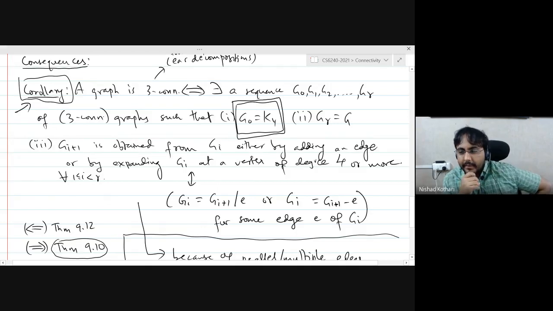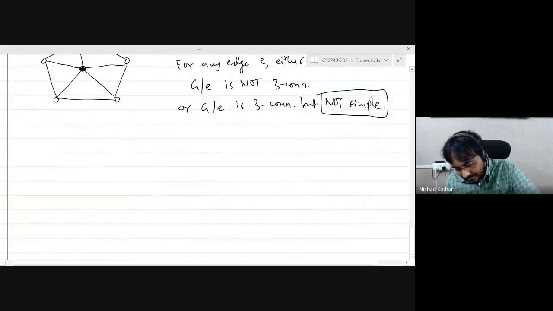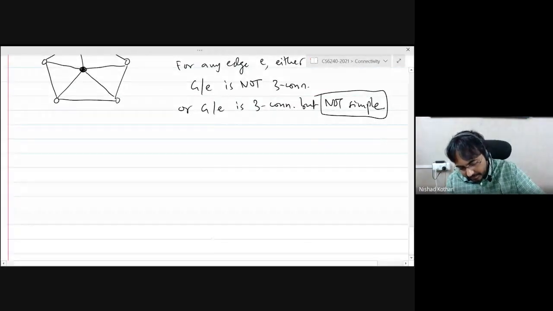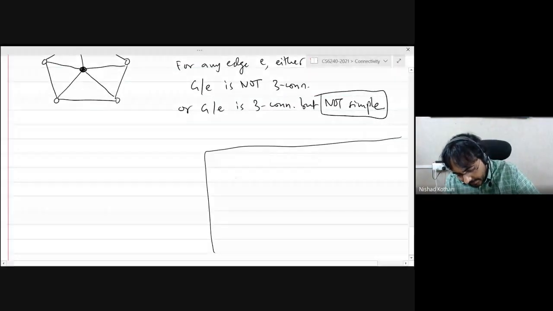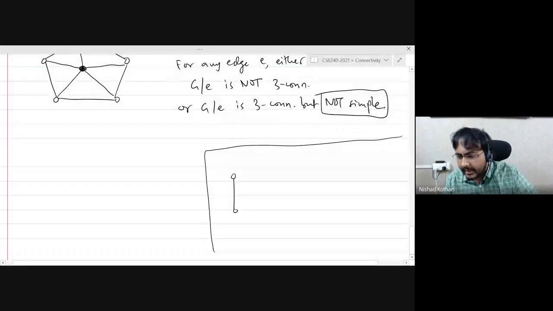Does subdivision affect 3 connectivity? Right, subdivision is actually a nice thing to bring up here. So what does subdividing an edge mean? We have already discussed this, right? Have you already discussed subdivision? Yes. When did we discuss it?